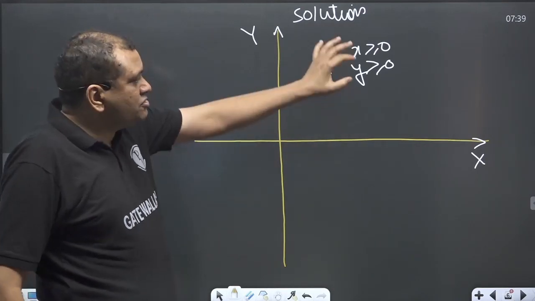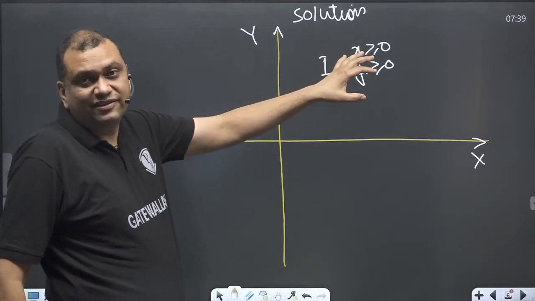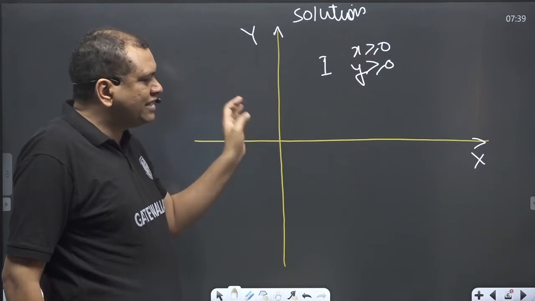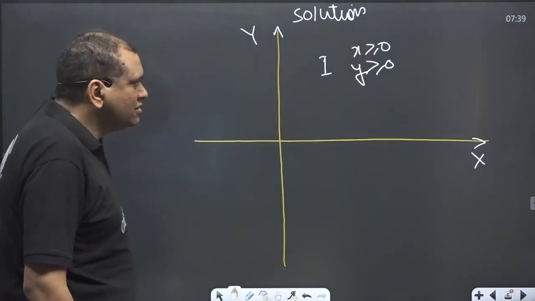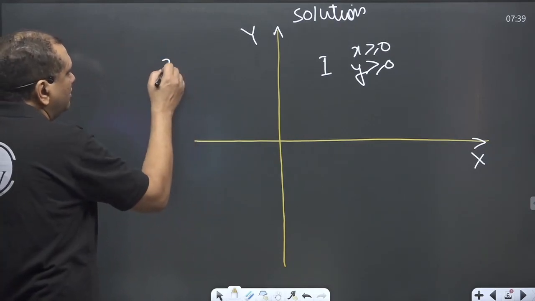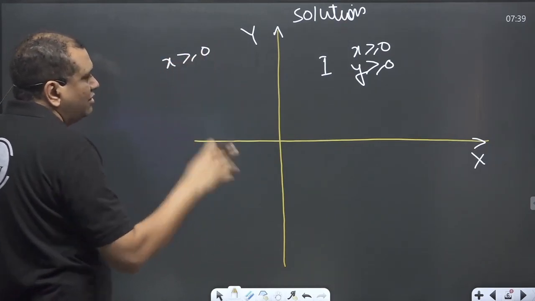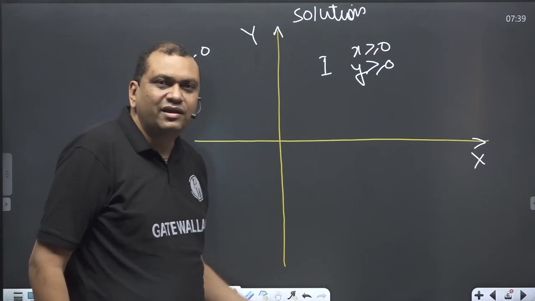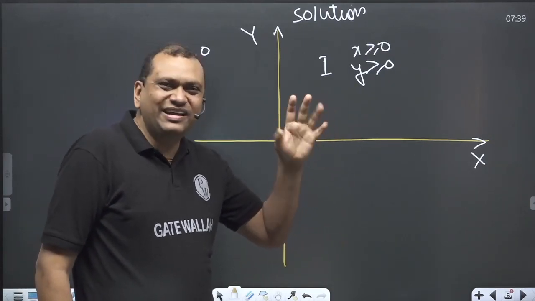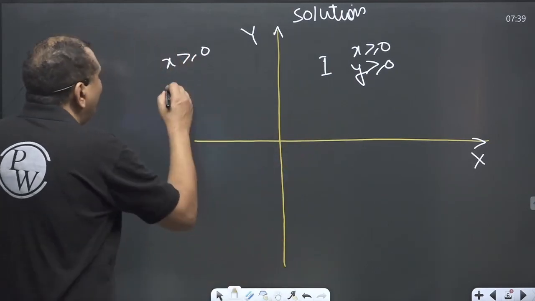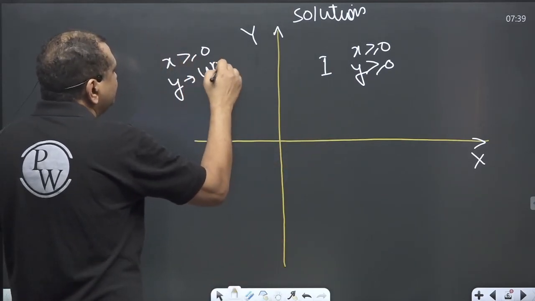It means your solution lies in the first quadrant. We will not go for second, third and fourth quadrant solutions. But suppose x is greater than or equal to 0 and for y it is not given to you. For y it is not given to you means y is unbounded.